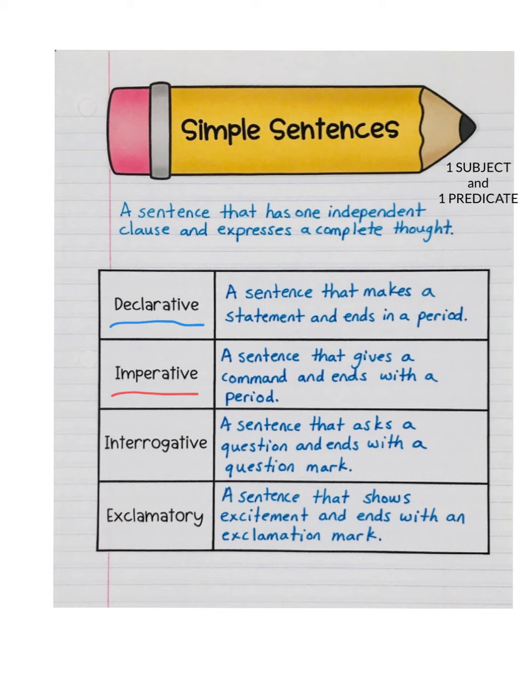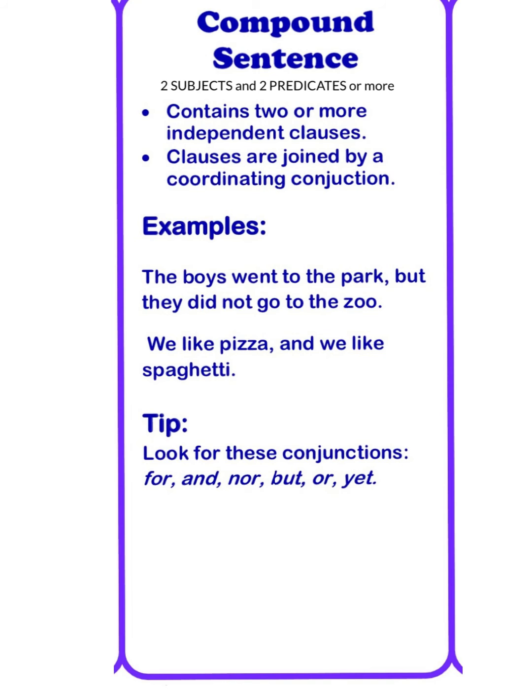An interrogative sentence asks a question and ends in a question mark. And an exclamatory sentence shows excitement and ends with an exclamation mark. All of these are types of simple sentences. Remember, a simple sentence is an independent clause that expresses a complete thought and has one subject and one predicate.